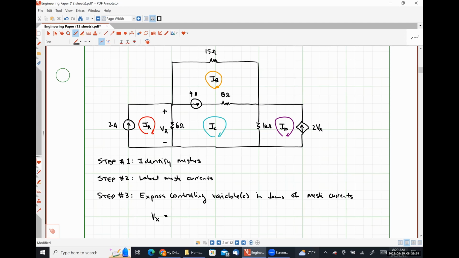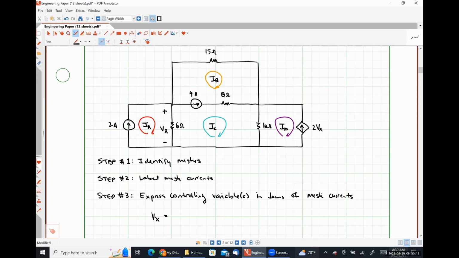So it's the voltage drop across a 6 ohm resistor, right? So 6 ohms is going to be involved in there somewhere, okay? So we're using Ohm's law. So we're really looking for the total amount of current that's flowing into the positive polarity terminal. So we're going to have to include IC as well.